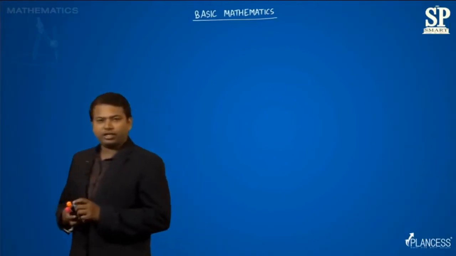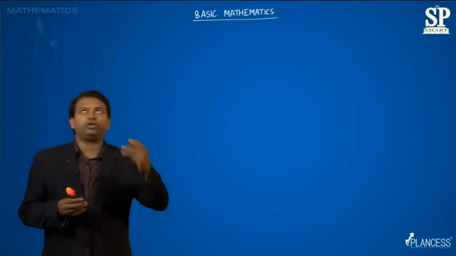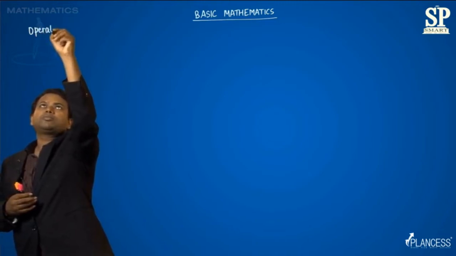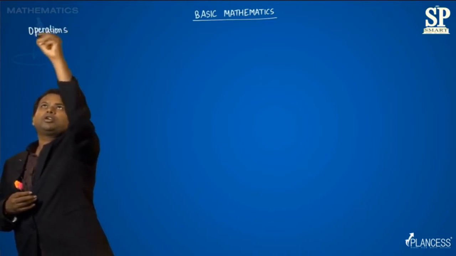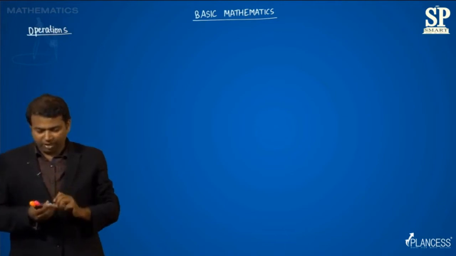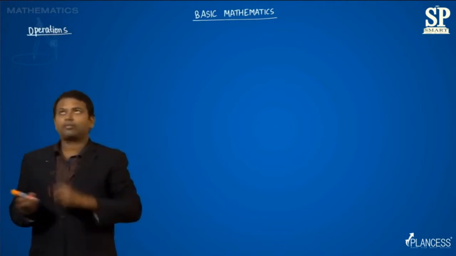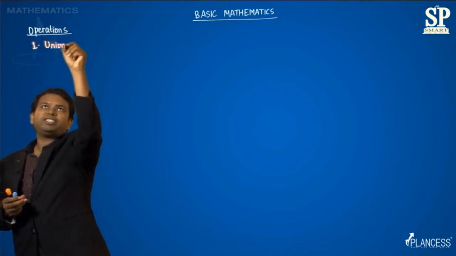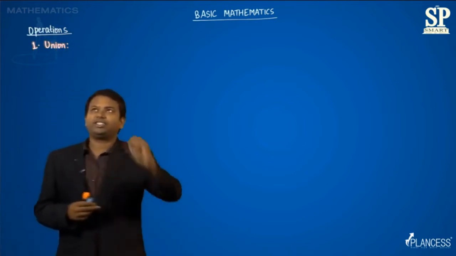Next are some of the operations related to sets. The first of them is the union. So what is basically the union of two sets?